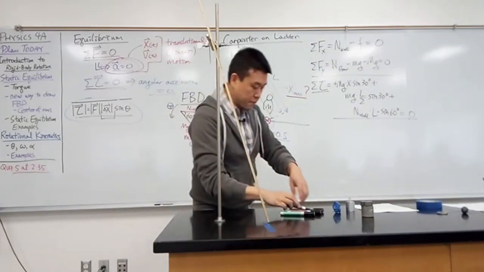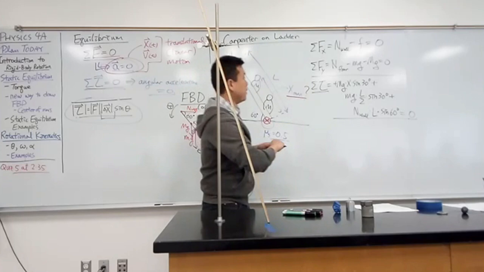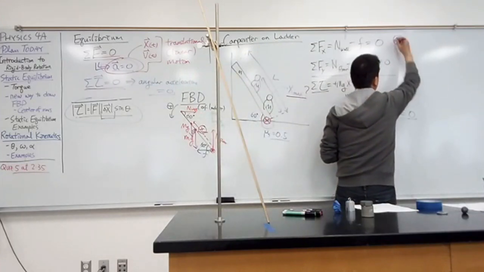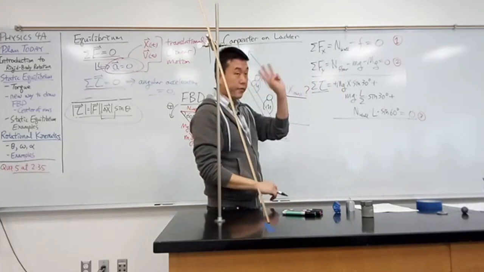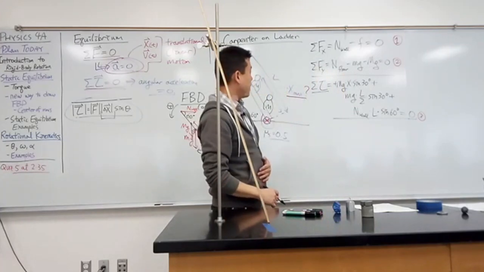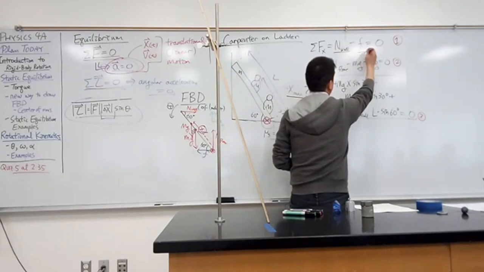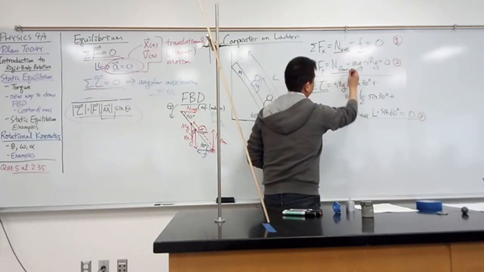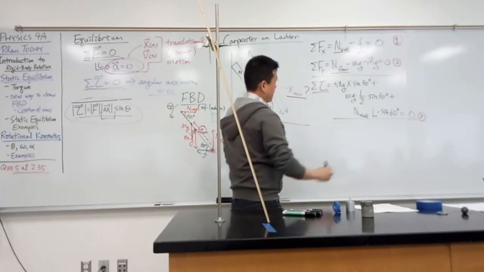Okay. Let me just quickly demonstrate that this is solvable. As in, we have 1, 2, 3 equations, and I'm going to count 3 unknowns. We have normal force from the wall. We have friction. We have normal force from the floor. And we have x.